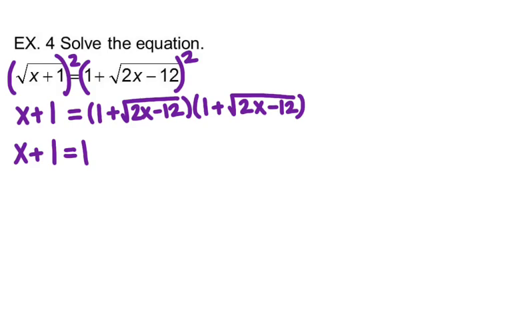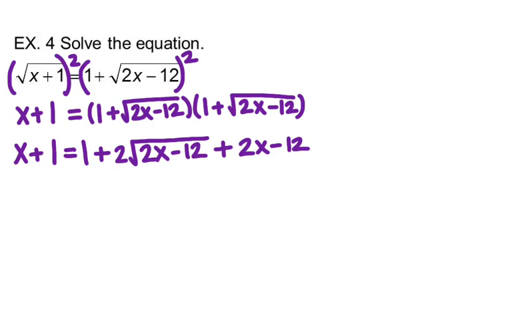The outside and the inside terms are going to be the same, so it's actually going to be 2 of whatever you get. So 1 times the square root of 2x minus 12 is the square root of 2x minus 12. And then there would be 2 of them, so I put a 2 in front. Last, when I multiply the square root of 2x minus 12 times itself, the square root's going to cancel, and I'll just be left with 2x minus 12.